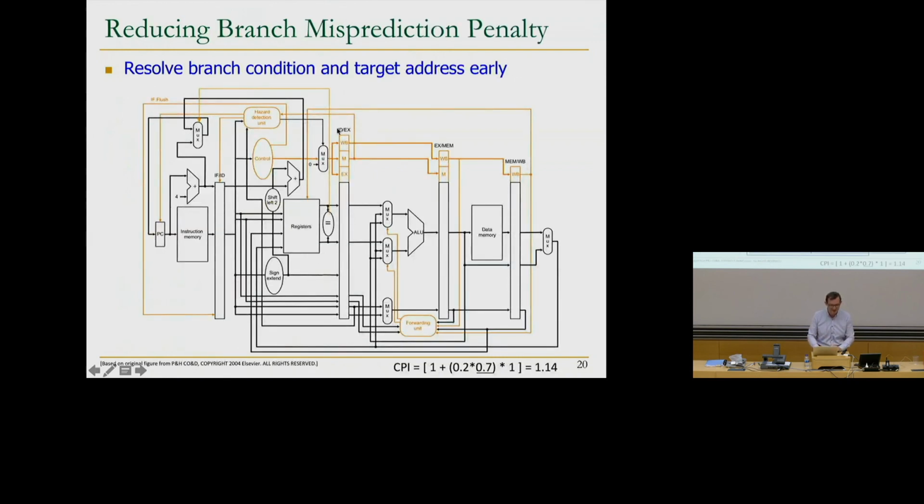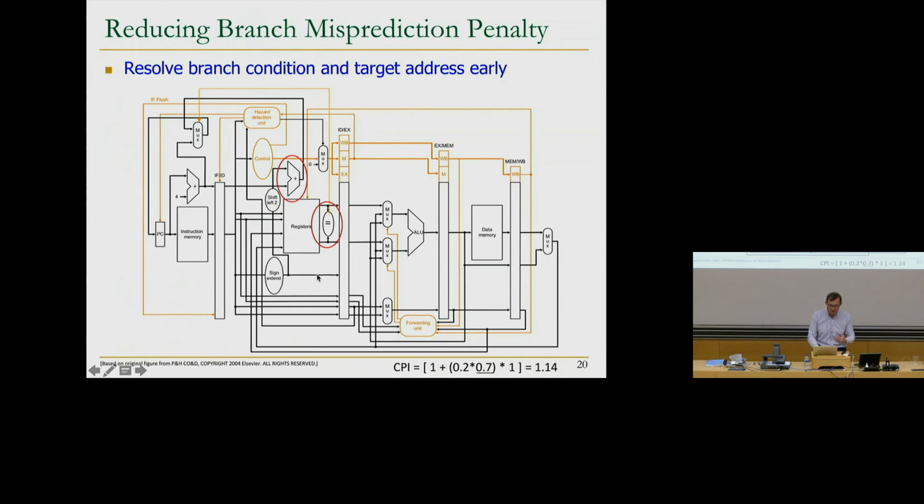If you go back to this pipeline structure, as opposed to resolving the branch in the ALU stage, you can add extra logic to resolve the branch earlier. Basically, if you're checking if 2 registers are equal, you just add extra logic to check that after the register file over here, as opposed to doing it in the ALU.